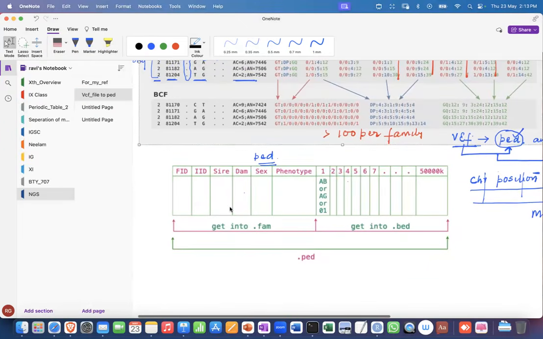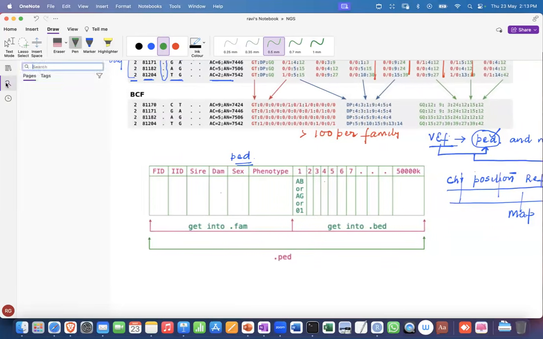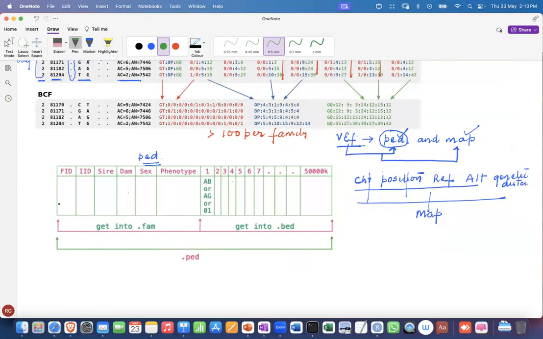You see here, the PED file has the information of the family. If you have the information of your entire family here, this is going into this particular part. This entire thing is a PED file, right? And to reduce the size, to convert this PED file into a binary format, it is initially converted into a FAM and then a BED file.